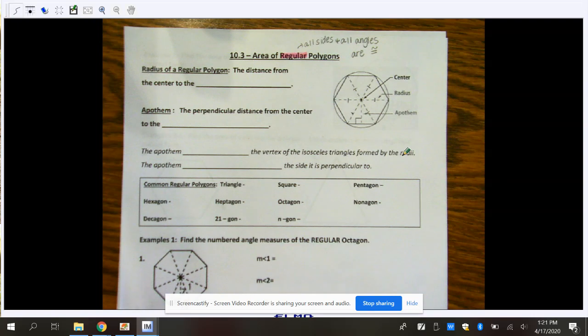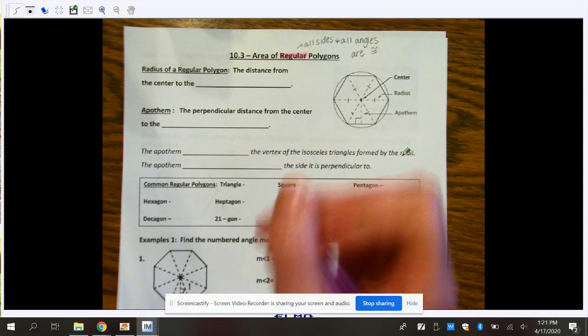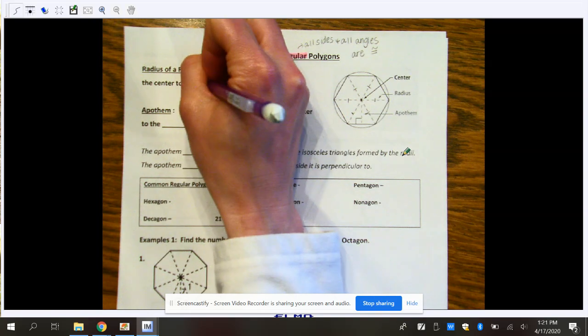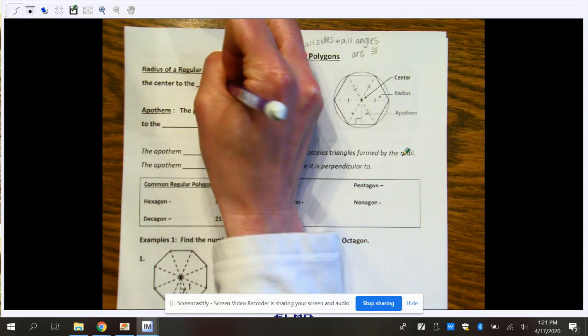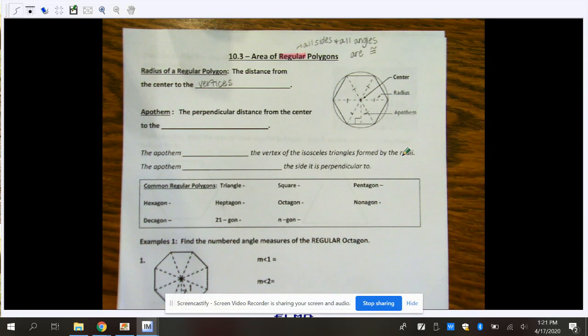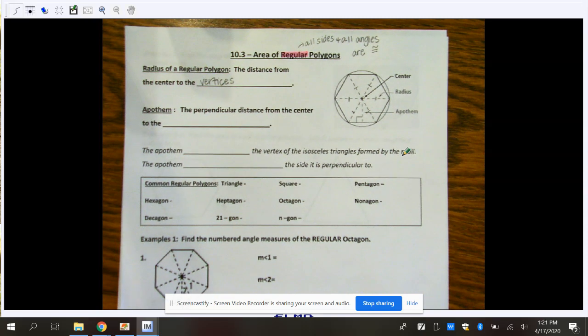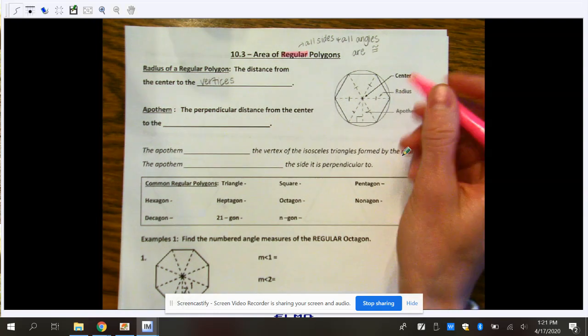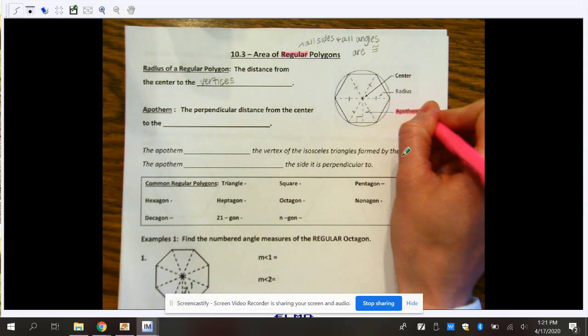Okay, so the radius of a regular polygon is the distance from the center to the vertices. And remember, they're all going to be congruent. So this new word that is used to find the area of a regular polygon is called the apothem.